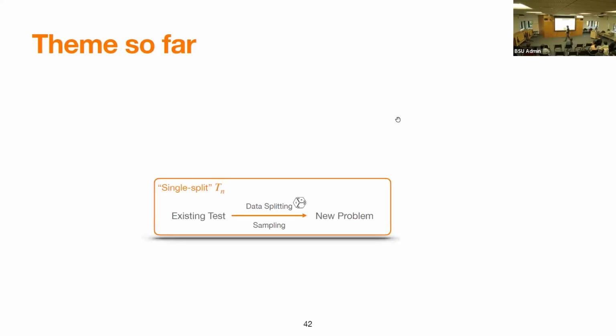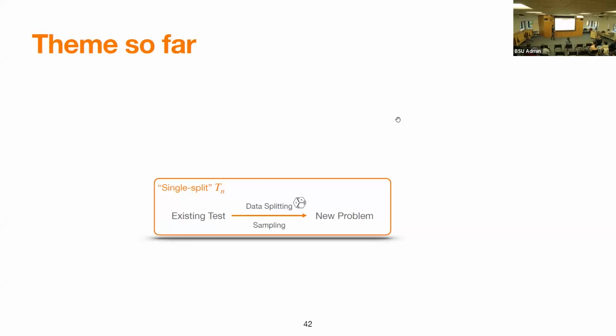Okay, so I'm going to wrap up now. On a high level, the philosophy of this talk is that randomness is the livelihood of us statisticians or biostatisticians, and can be quite useful. A theme in this talk is that we can introduce extra randomness, either by splitting or sampling, that usually enables you to retarget an existing test to a new problem.